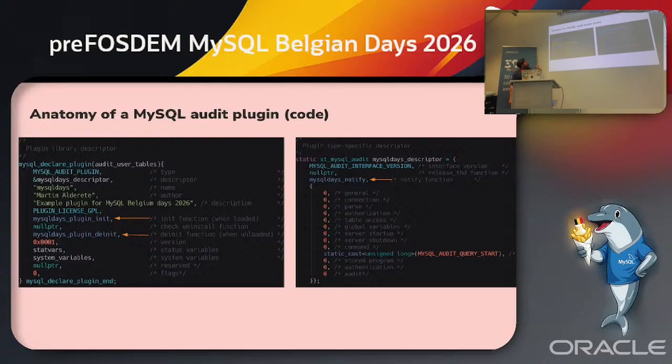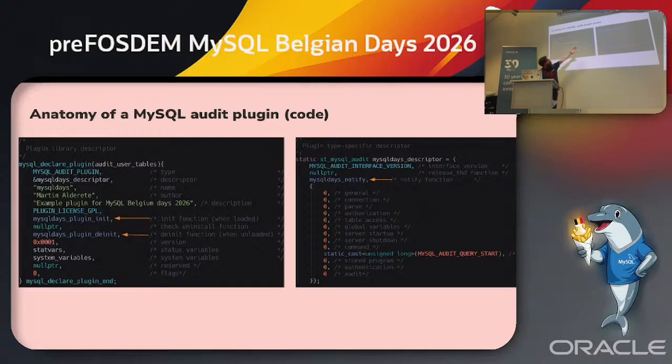But the important bit is the plugin init, a pointer to a function that you call when installing the plugin, and a pointer to a function when unloading it. Then there's a different struct where we tell MySQL what kind of plugin this is, because MySQL has different kinds of plugins, like clone plugins, storage engine plugins, authentication plugins. We're going to focus on the audit plugins.